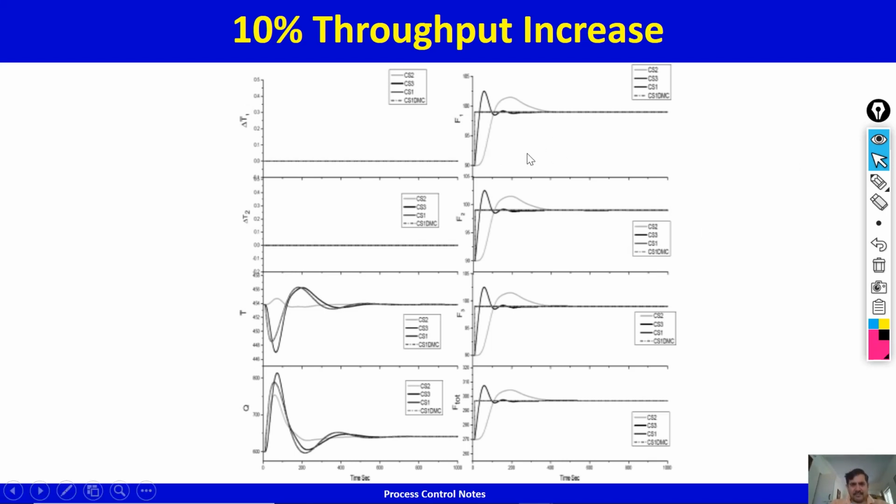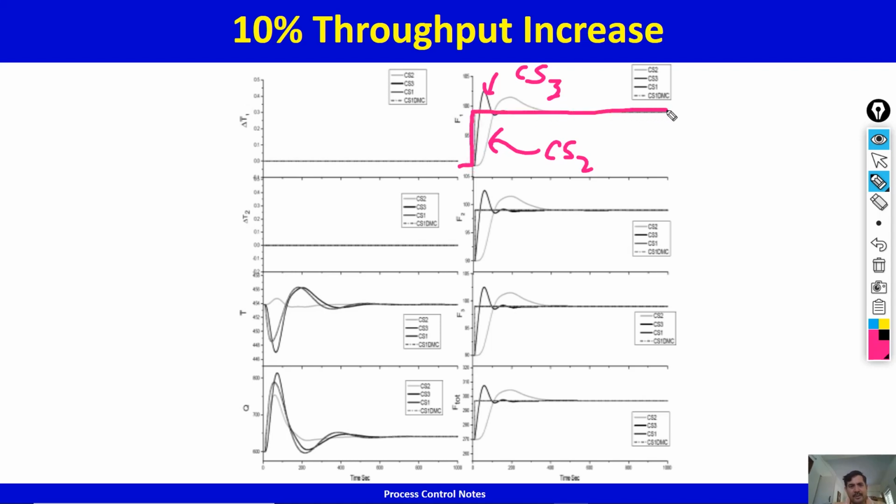I think because these are things that I've taken from a paper, copy pasted them, the pictures are not very clear, but let's see. This is CS2. This is CS3. CS1 and CS1-DMC have perfect flow control.